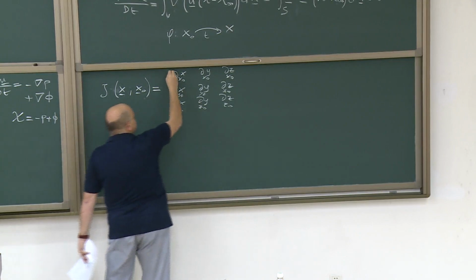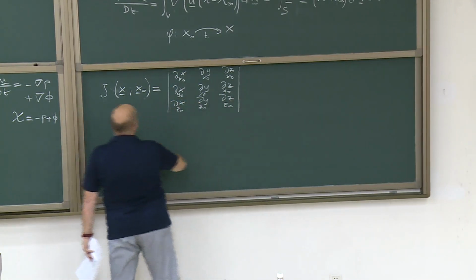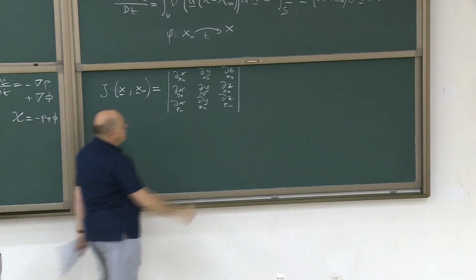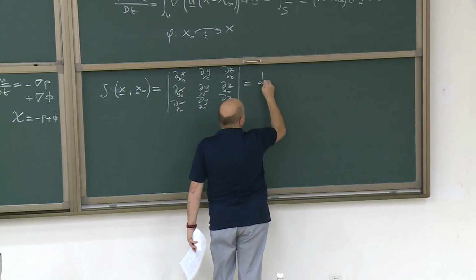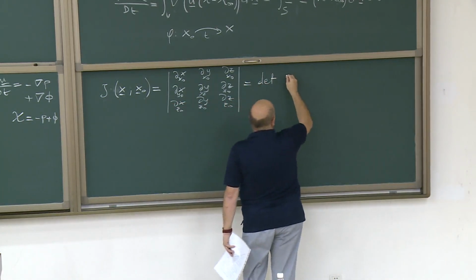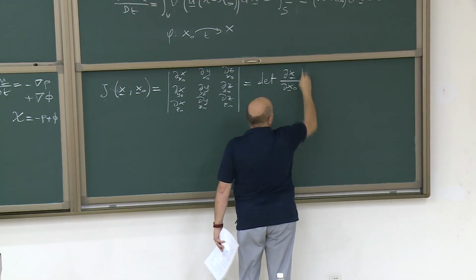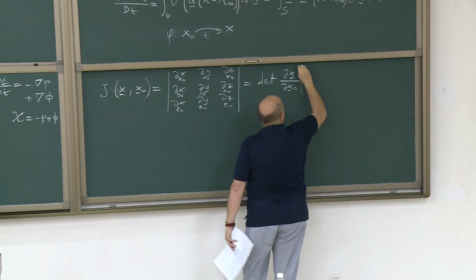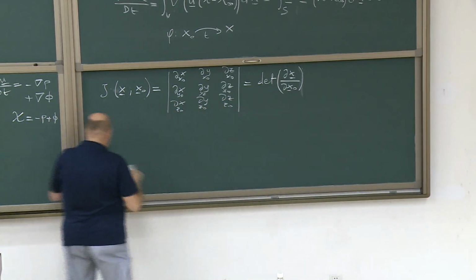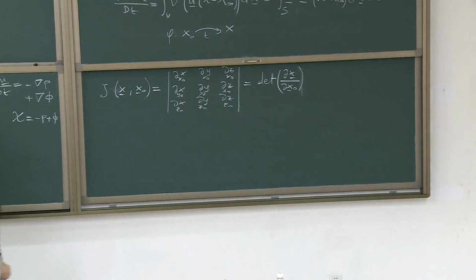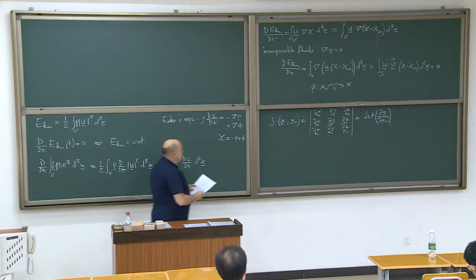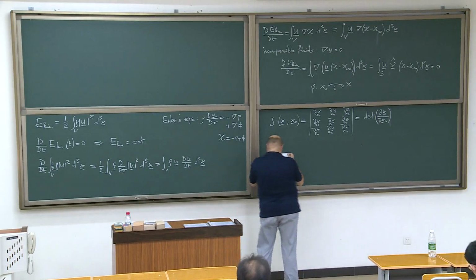If I underline it, it is a matrix. If I leave it like this, it is a determinant. So I consider this as the determinant. Sometimes it is written like this, dx over dx0. This denotes the change of an element of volume from the initial position to the final position.